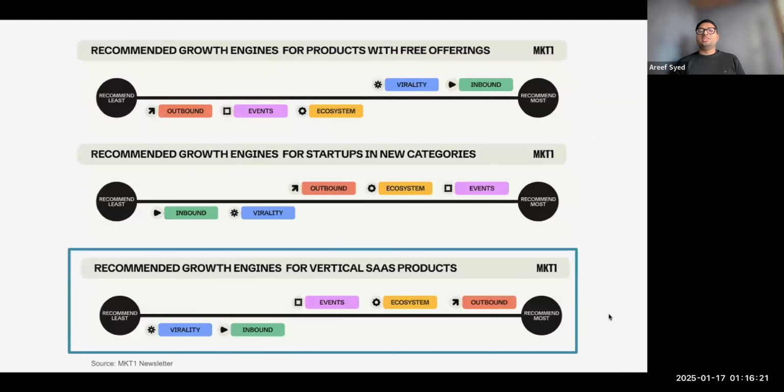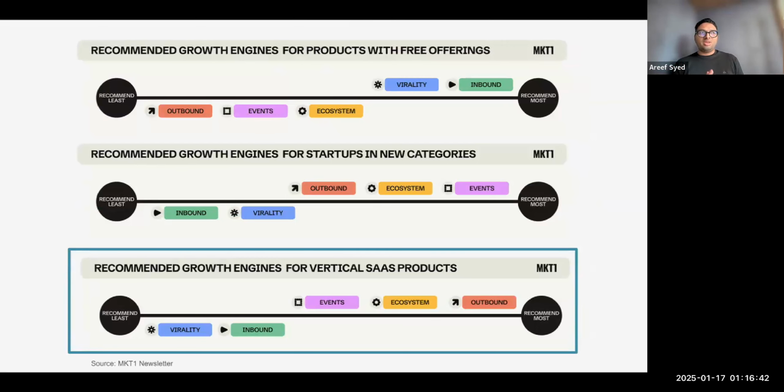Then, if we summarize, this is how a typical growth engine would look like for a company that has free offerings. For example, you are like Notion or any product where you have a free plan.